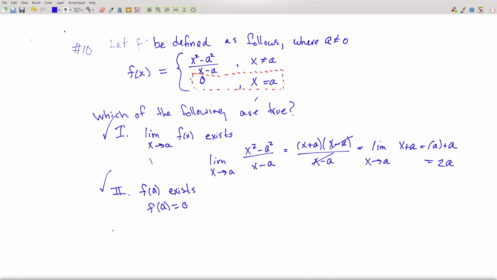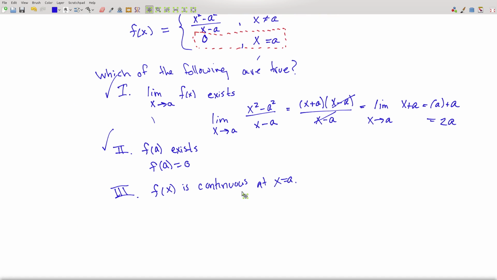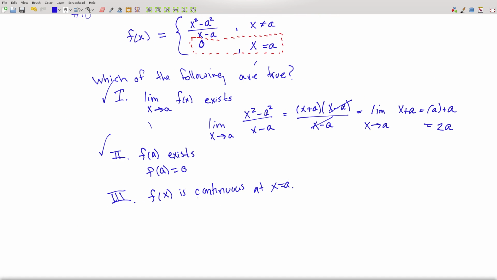Now let's look at possibility 3. Possibility 3 says f of x is continuous at x equals a. Alright, well, let's think about that. I suppose in order to do this, you need to know what it means for a function to be continuous at a certain point.